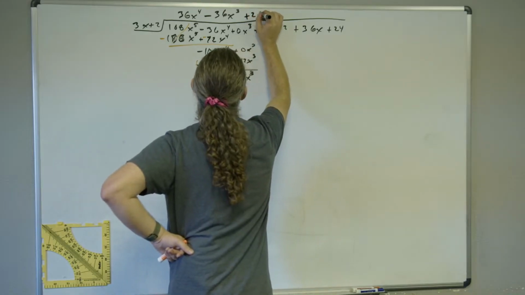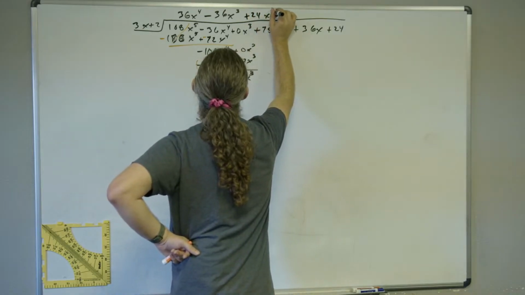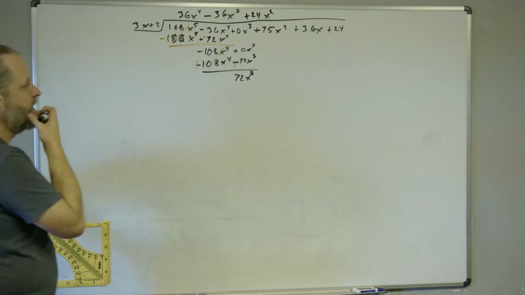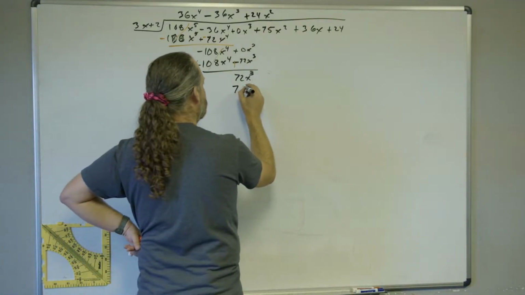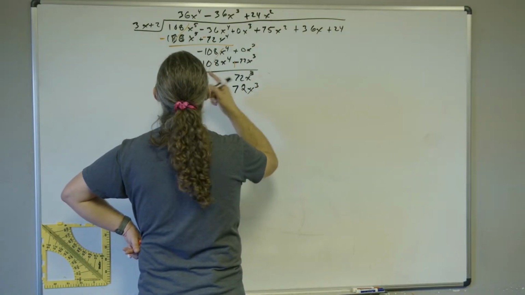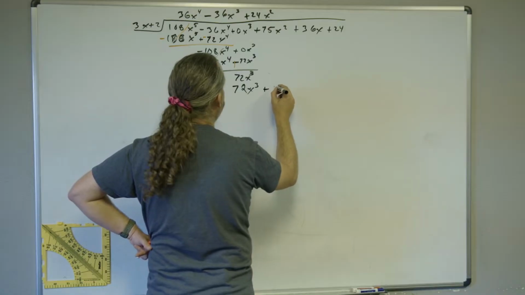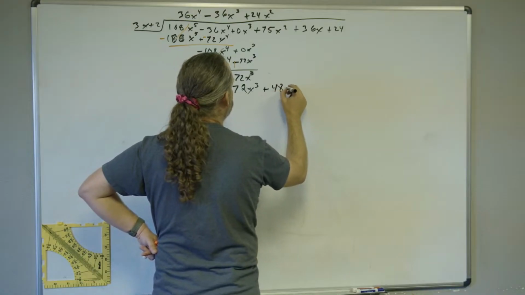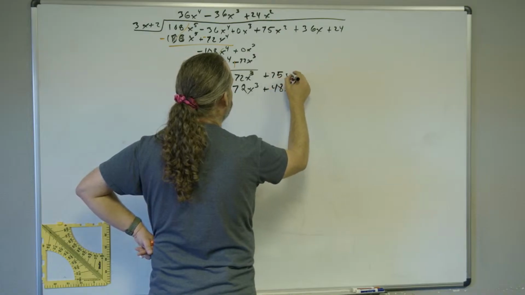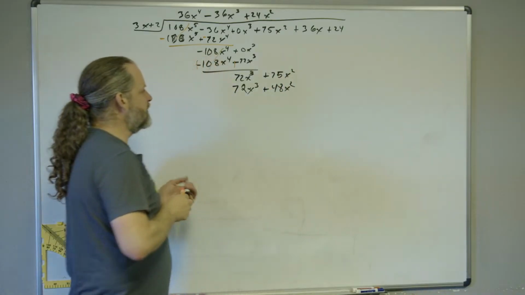I just did 36 times 2. 24x squared. And then distribute back out. 72x cubed. Better be, right? Or we did something wrong. And then plus 48x squared. Don't forget to bring down the plus 75x squared. Then we subtract.